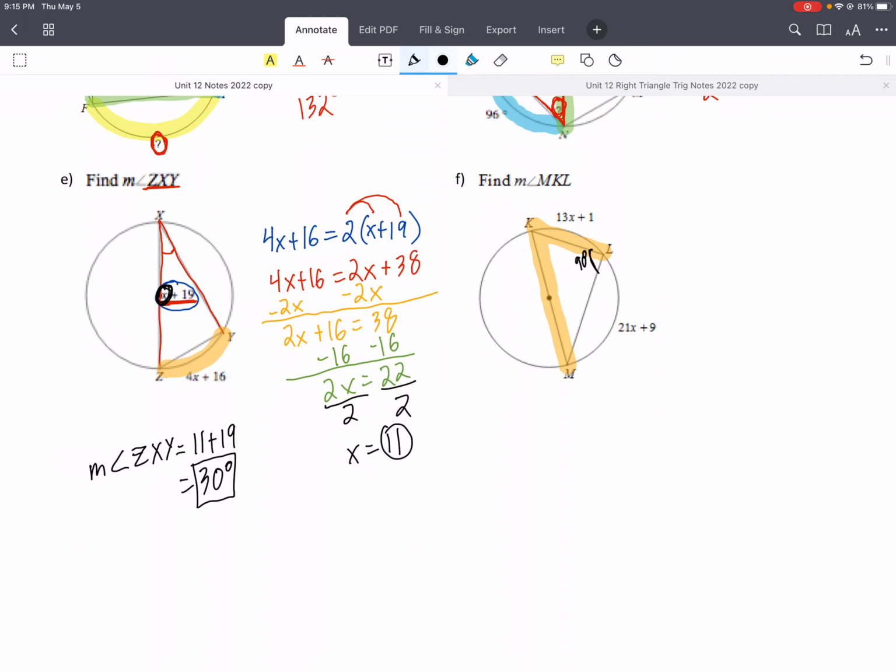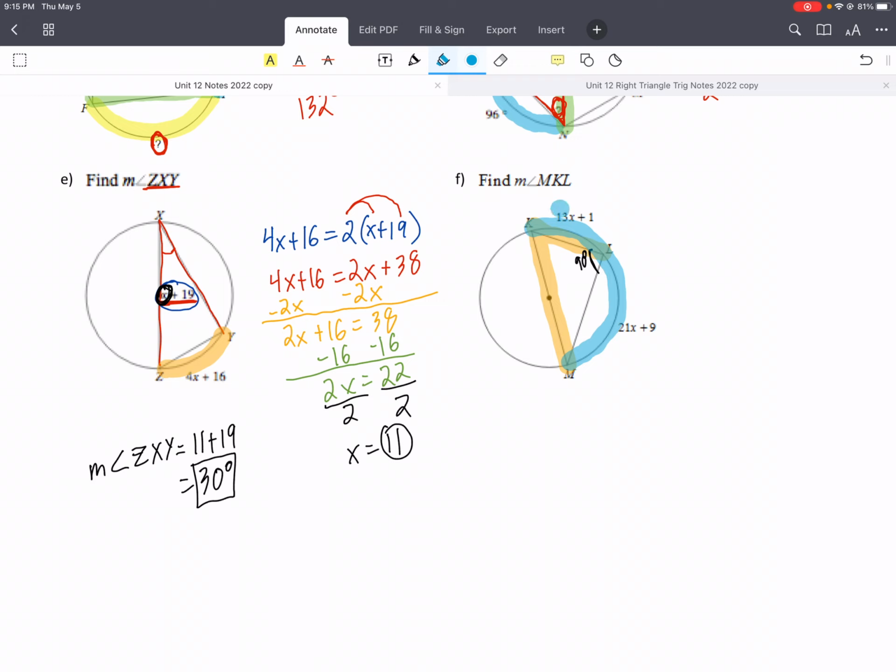So now we have to figure out what x is in order to be able to help us solve this. Since MK is a diameter, that means that this arc made right here is a semicircle. And what's true about semicircles? They equal 180 degrees.